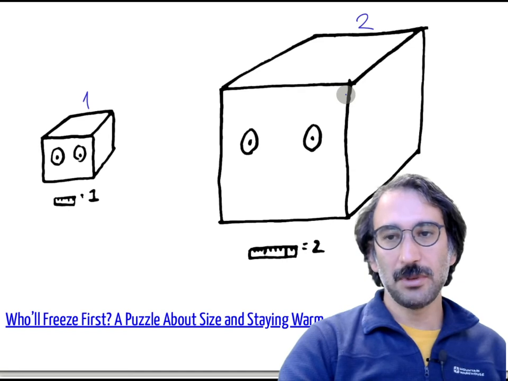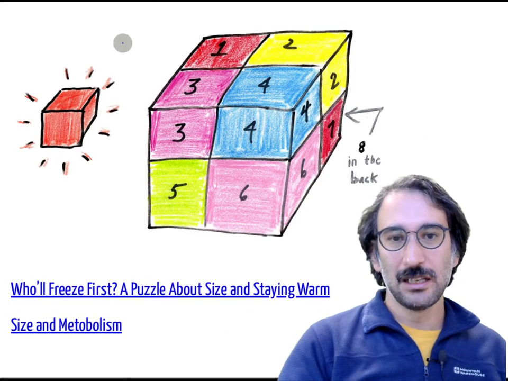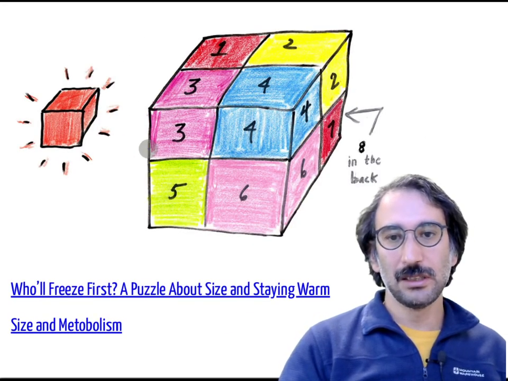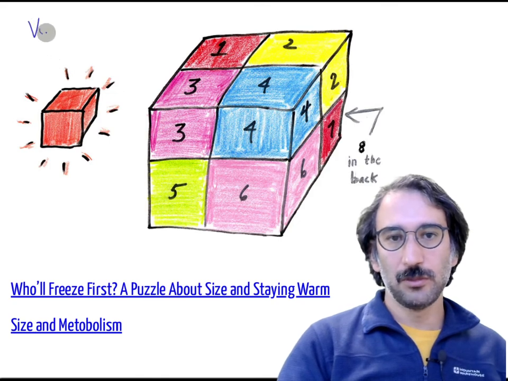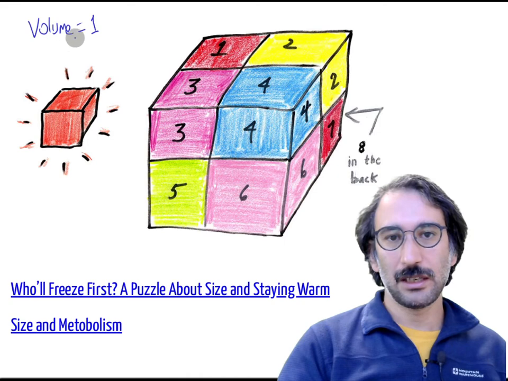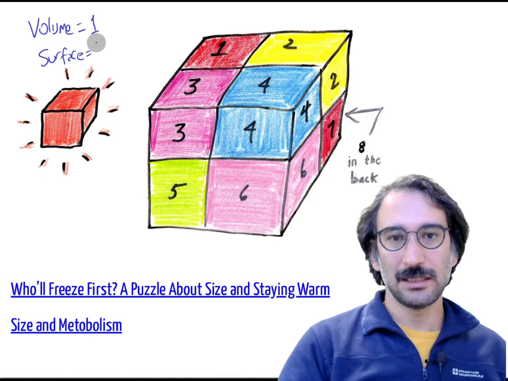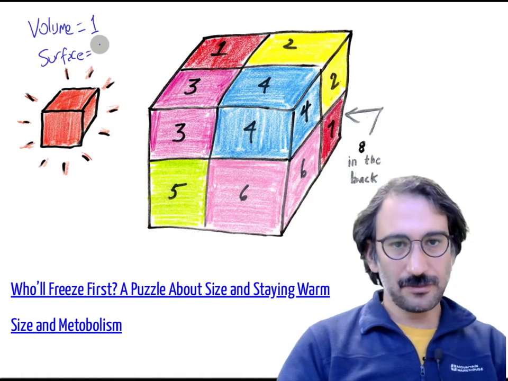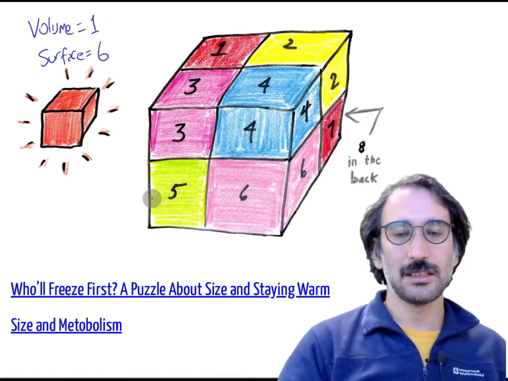So you can compare them. The volume here is 1, and the surface is, let's say, 6, because there are 6 faces of 1 by 1.